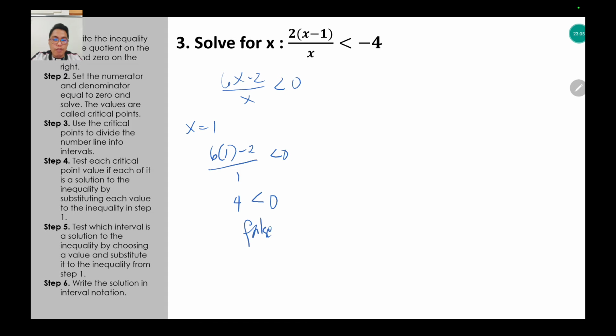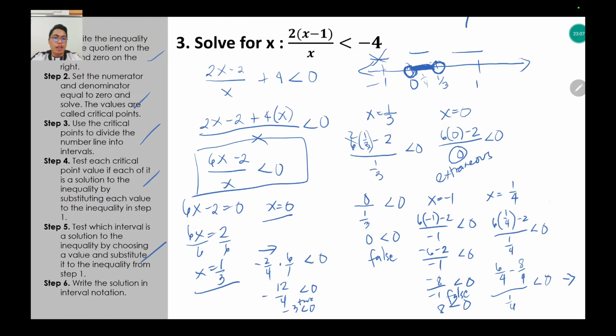So if you observe, hindi natin siya i-shade. Hindi na natin i-shade tong part na to kasi hindi siya solution. So, you see, from 0 up to 1/3, dahil wala namang lumabas na true sa ating test point sa step number 4, we will just use parentheses. And that will be our final answer for this given.